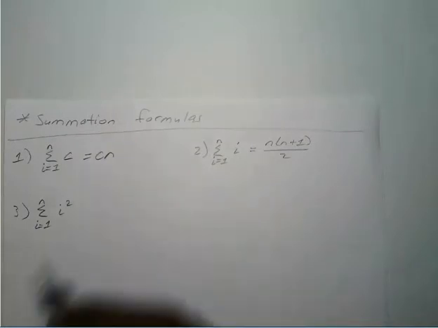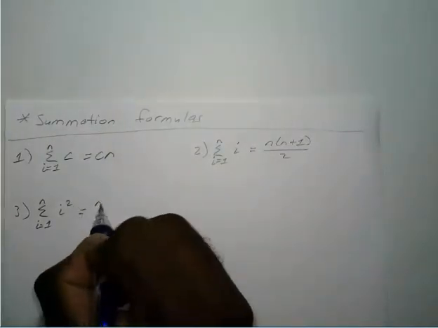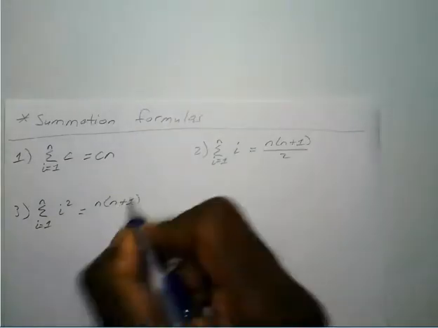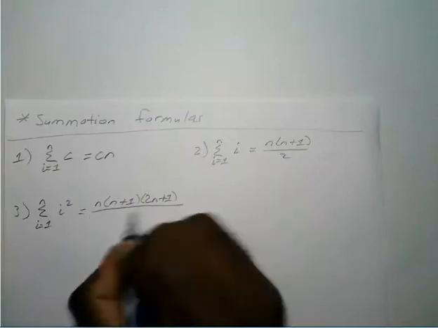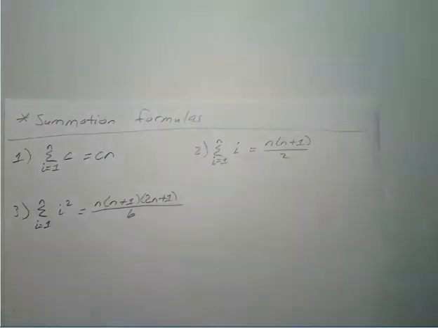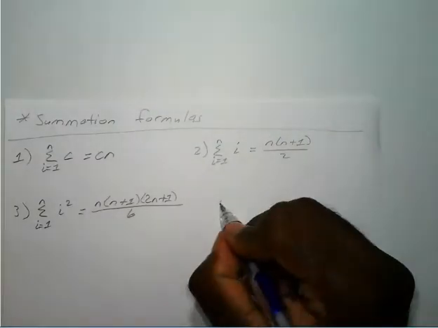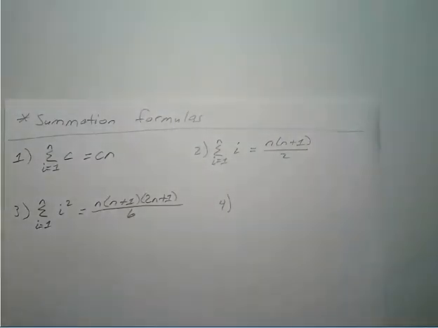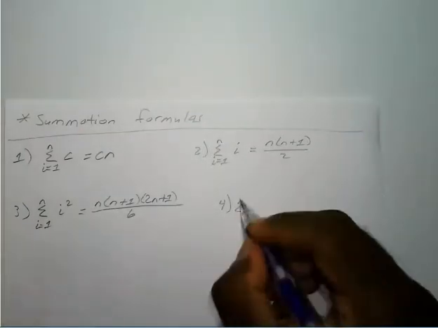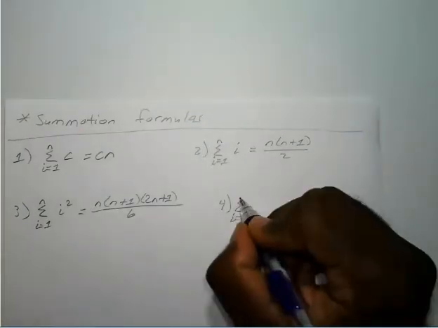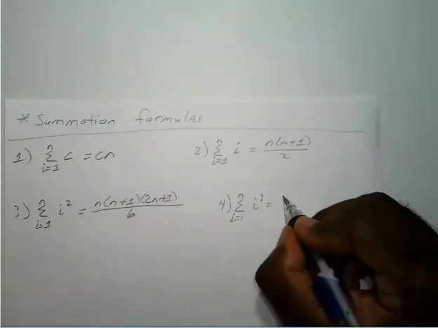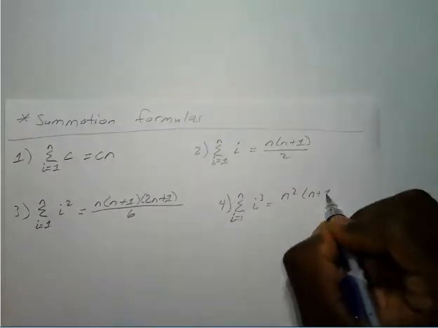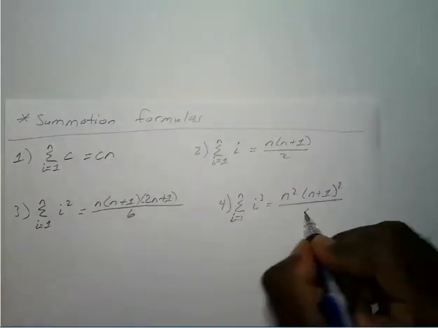You just have n times n plus 1 times 2n plus 1 all over 6. And your fourth summation formula, you have your sum from i equals 1 to n of i to the third power is equal to n squared times n plus 1 squared all over 4.